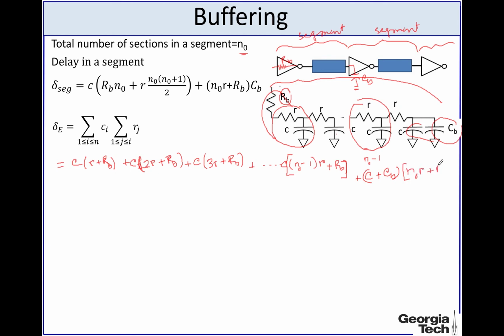Now if you just take this equation and collect all the C's, it will be equal to n naught RB plus R, 2R, 3R all the way to n naught R. If you sum them up, you will get (n naught plus 1) over 2 multiplied with R, and then what you will be left with is CB multiplied with n naught R plus RB, and this is essentially the equation over here.